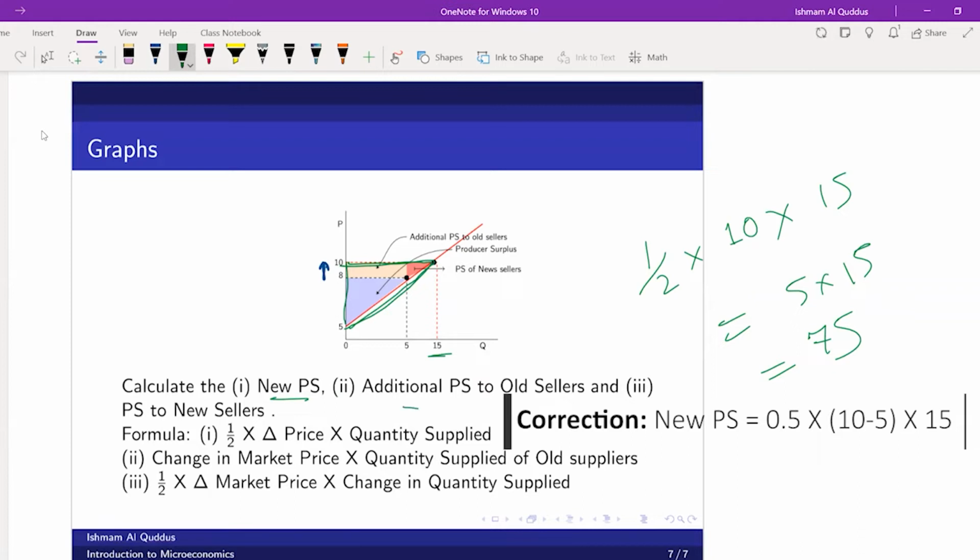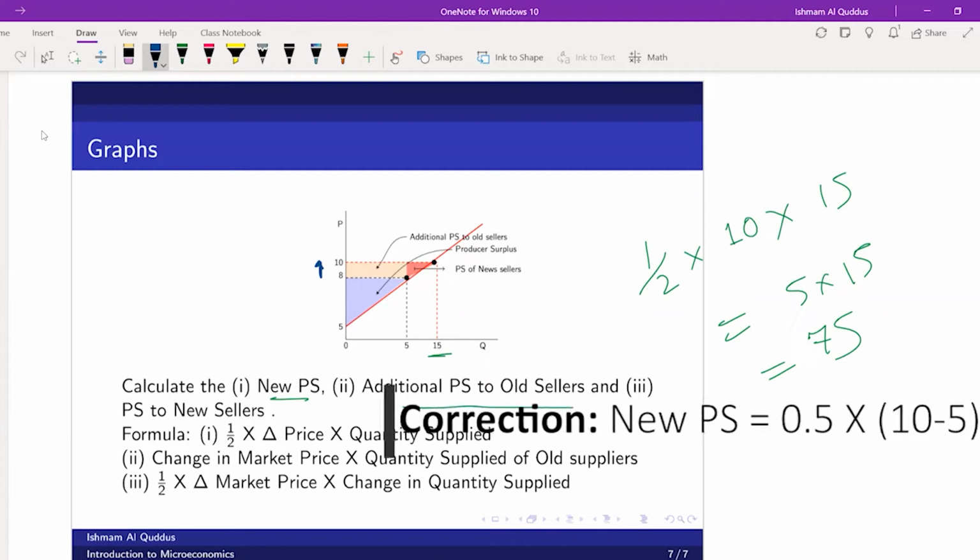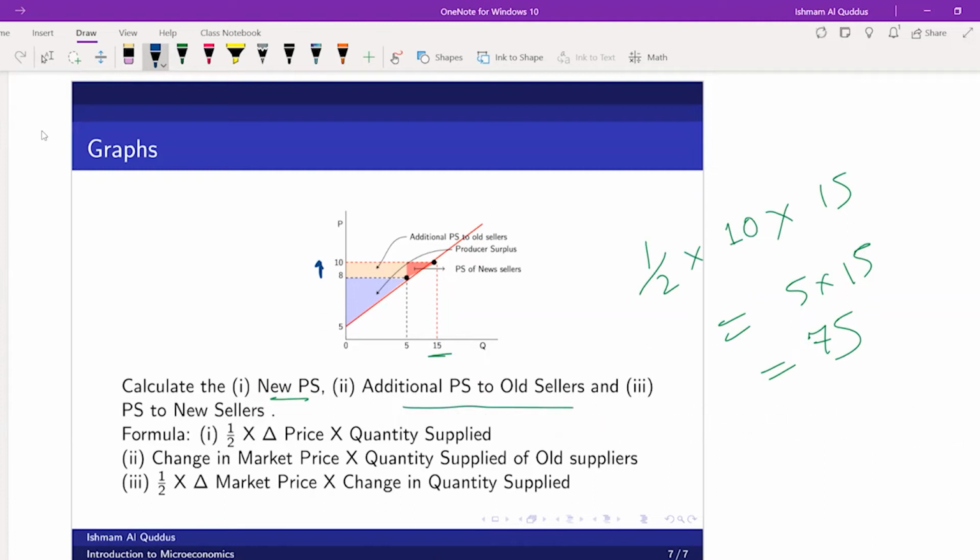So what about the additional producer surplus to the old sellers? Because of this price change, we know that the old producers can actually earn more by selling the same quantity they used to. So when the price was at 8 taka, they used to sell 5 units of their goods. Now they can sell the same amount of goods at 10 taka.